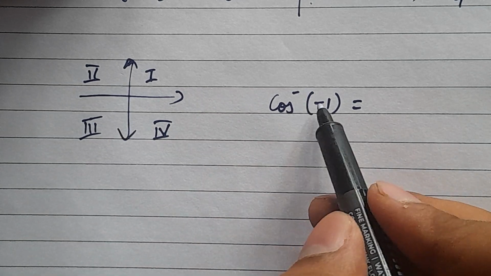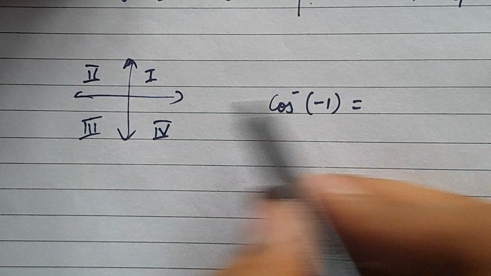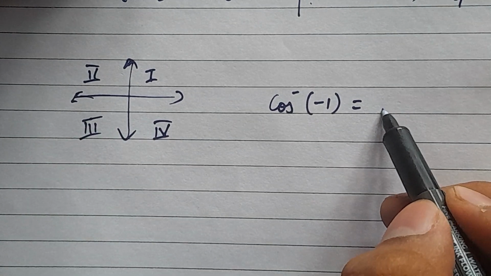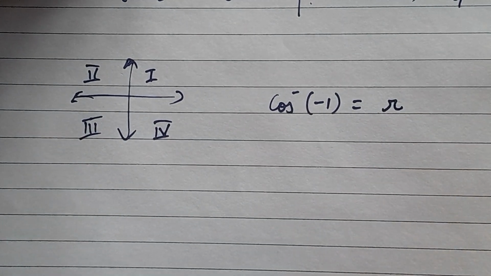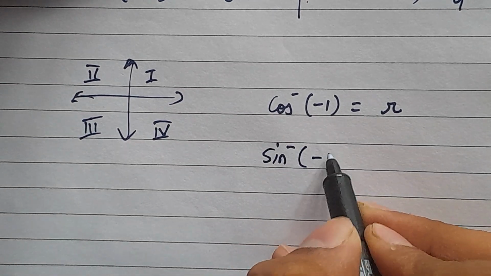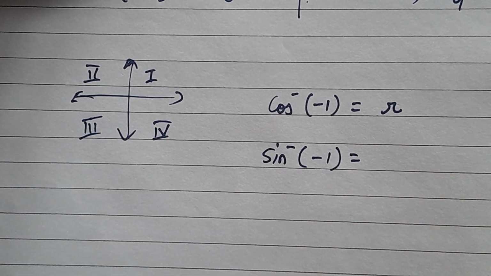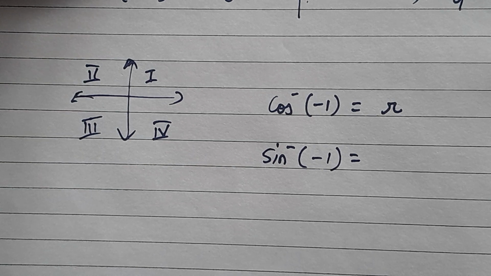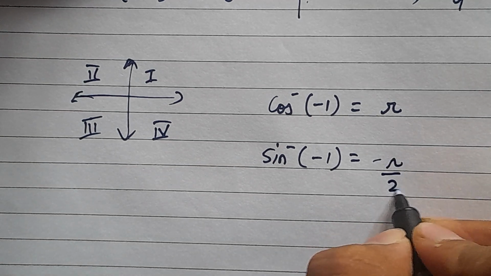So cos inverse minus 1 will be 180 degrees, that is pi. Similarly, sine inverse 1 is pi by 2, means sine 90 is 1. So what will be the value of sine inverse minus 1? It will be minus pi by 2.